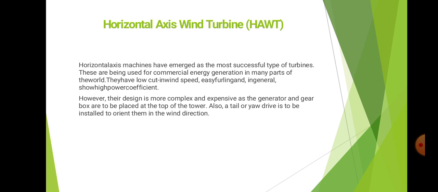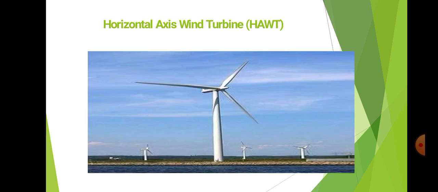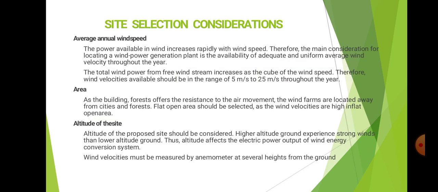However, the design is more complex and expensive, as the generator and the gearbox are to be placed at the top of the tower. Also, a tail or yaw drive is to be installed to orient them into the wind direction. This is a diagram for a horizontal axis wind turbine.